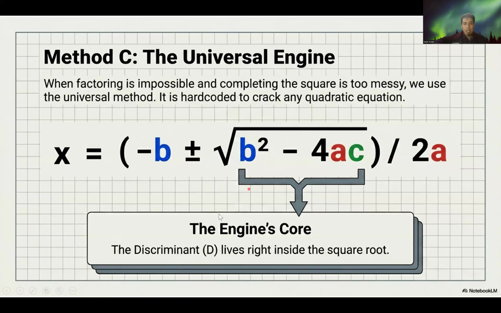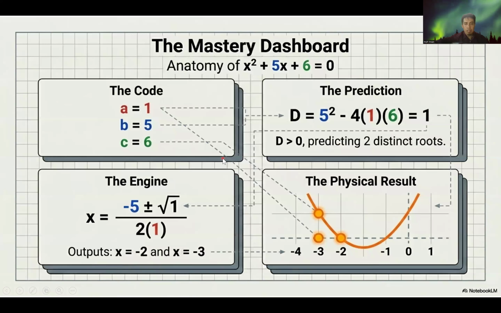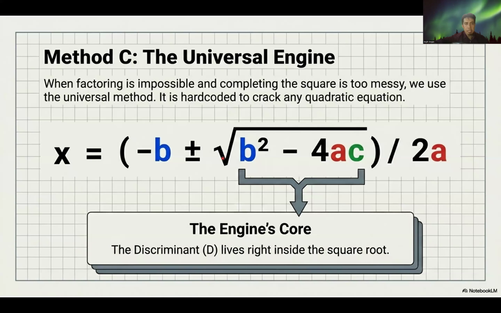This is the engine core. The discriminant lies right inside the square root. Okay, we use this formula to solve the equation.